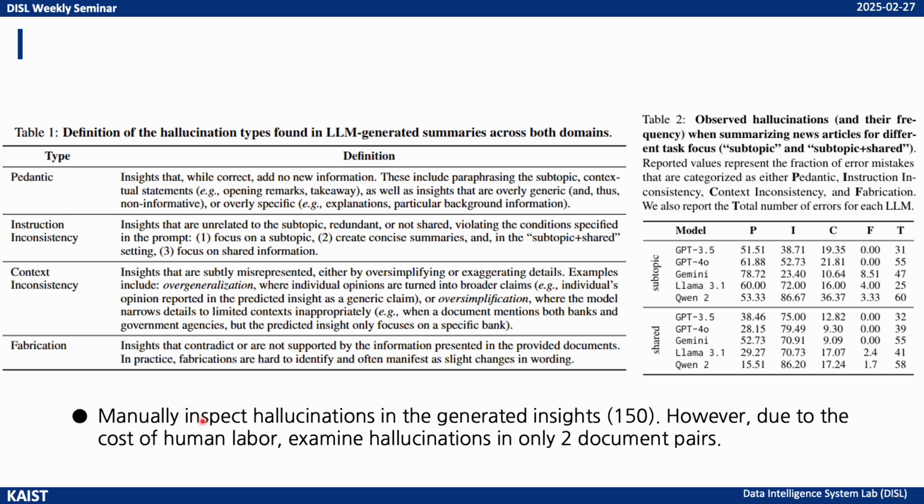The 4 types of hallucination the paper introduces are, first, pedantic, which is focusing too much on high-level details, like they don't add any new information or new insights, or they provide insights but which are overly generic or overly specific information.